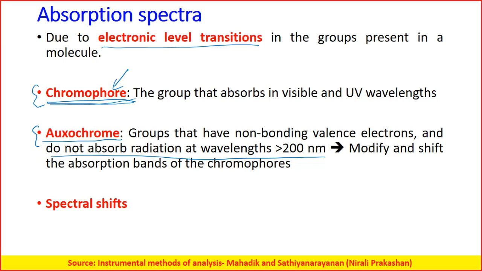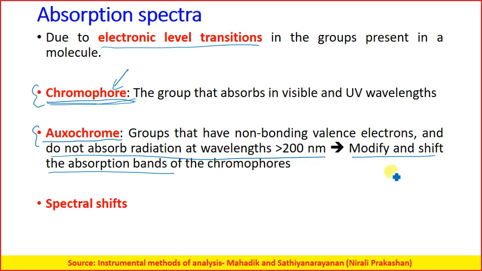So they appear as if they are very good students who are not disturbing the class, but they are the disturbance creators, in a silent way. If you have a chromophore, they will modify and shift the positions of the absorption band. Modify means modify the absorption capacity.